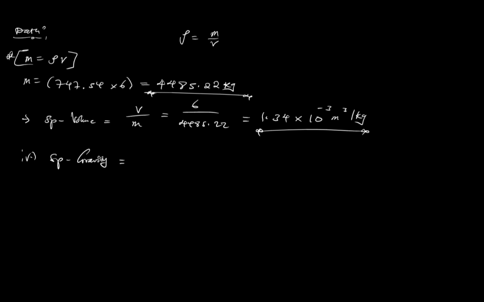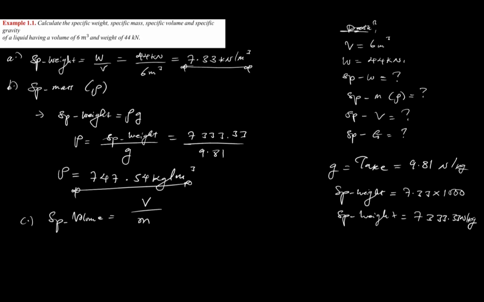Now, specific gravity is equal to the specific weight of the fluid that is being studied, which is what we are finding here. In the first portion of the solution, we found the specific weight of the fluid we're studying to be 7.33.